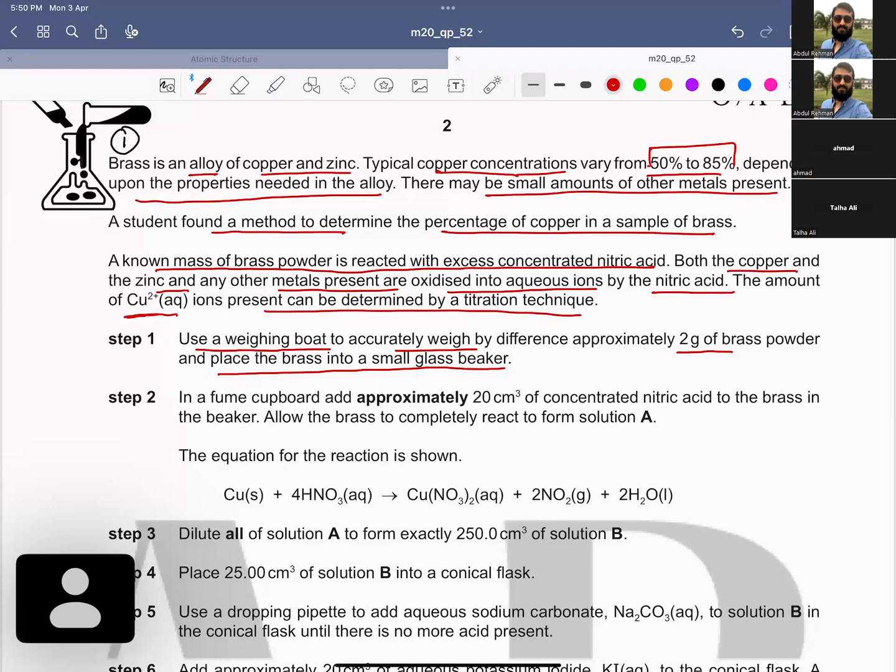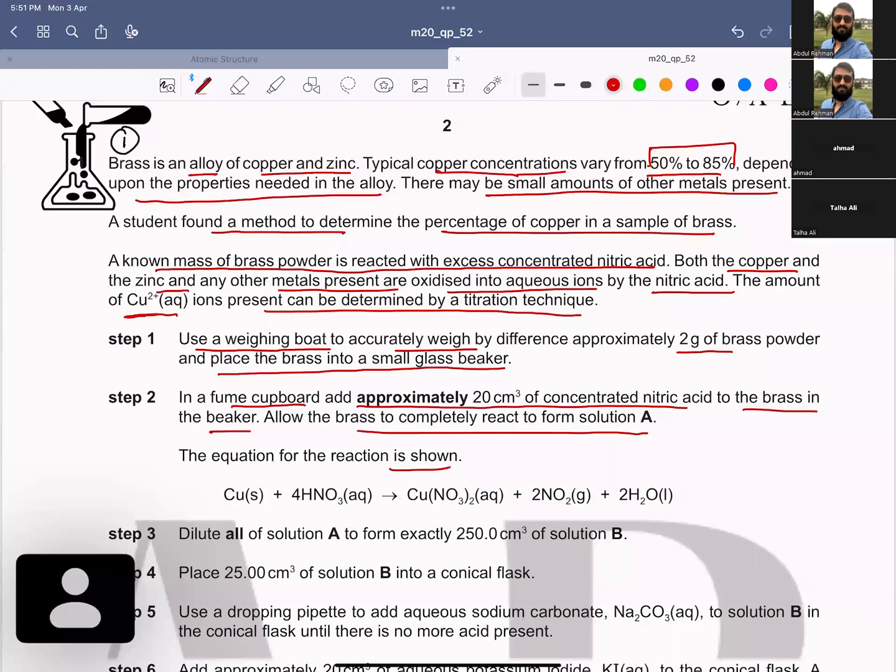Then, in a fume cupboard, add approximately 20 cm³ of nitric acid to the brass in the beaker. Allow the brass to completely react to form solution A. The equation for the reaction is shown.